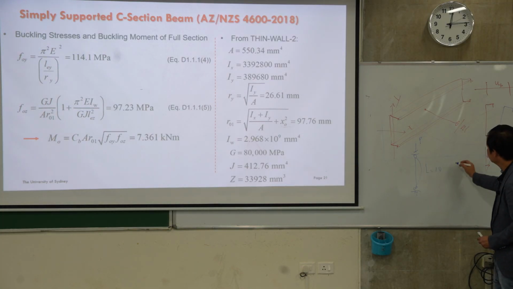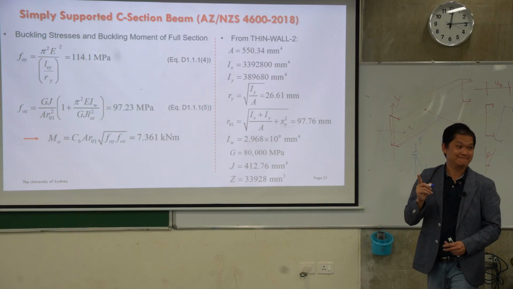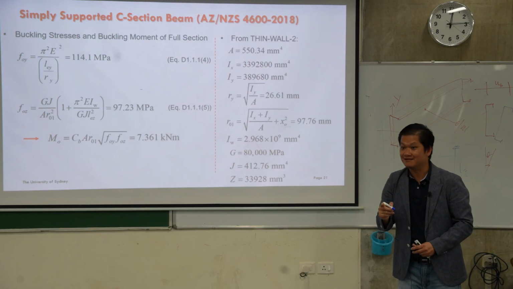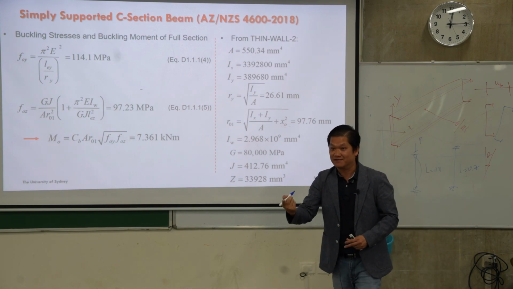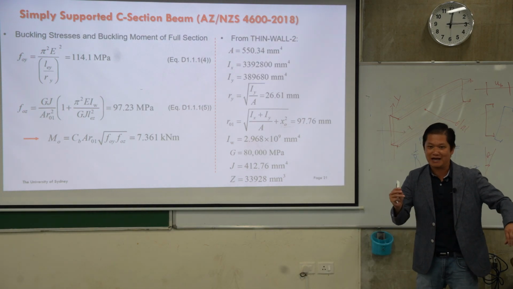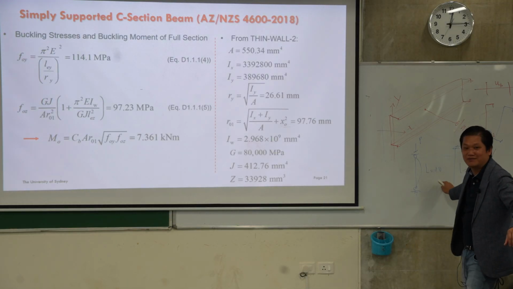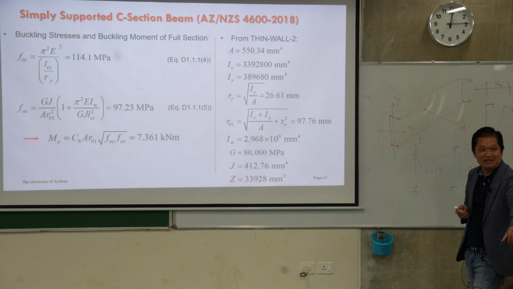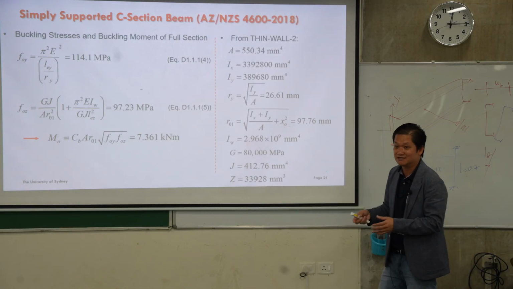But if you fix it in, L now is 0.5 in theory, but in the standard it is actually 0.7. So it's more conservative. The standard is saying that no matter how much effort you put into making it fixed, it's not really fixed. So they put it up a little bit, just to make sure that you cover that uncertainty. That's how it works. But in theory, of course, it's 0.5.